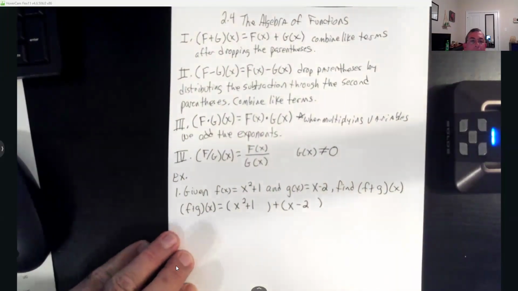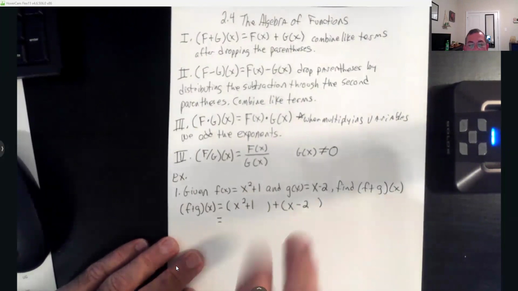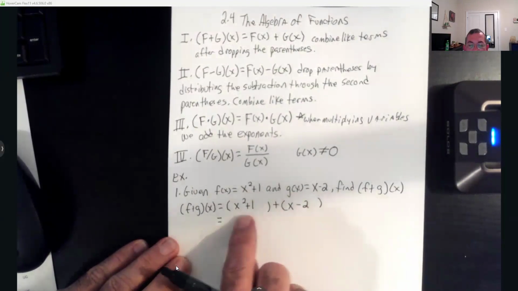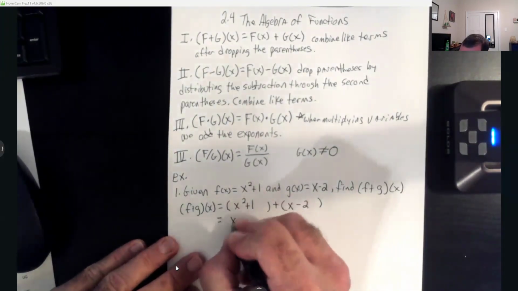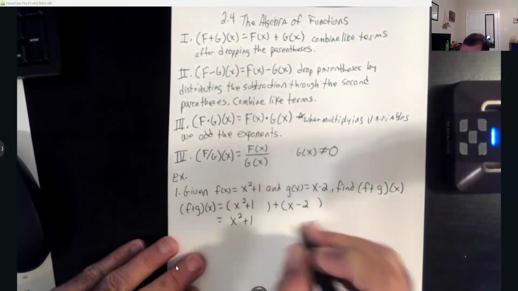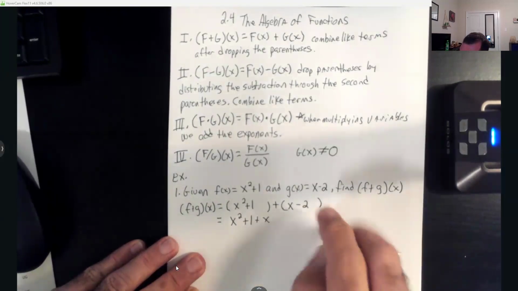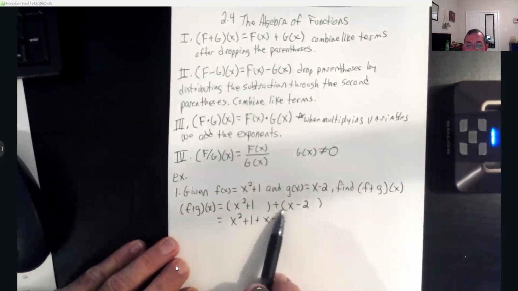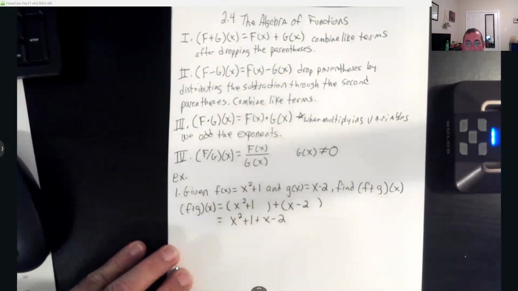All right, so the nice thing about when they're being added, you can drop the parentheses and you don't have to change none of the signs. Okay, so I can drop the parentheses. I get an x squared plus 1 plus the x minus 2. Okay, I don't have to worry about changing signs when it's positive here, only when we're subtracting, okay?